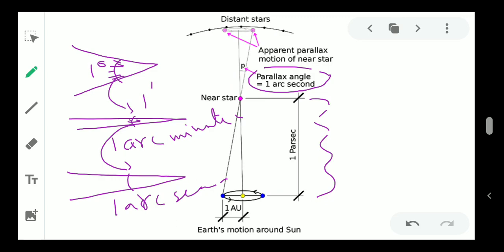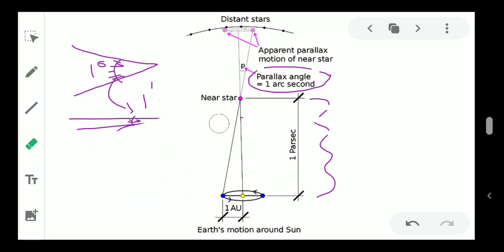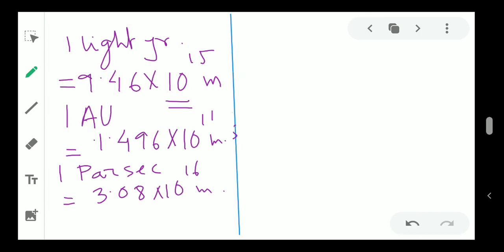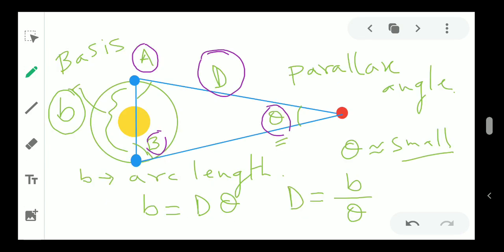So first let me summarize. So 1 degree is 60 arc minutes, and 1 arc minute is 60 arc seconds. Now one thing you see, I told you already that when this star goes farther, this angle theta will decrease, because this triangle will become sharper and sharper.